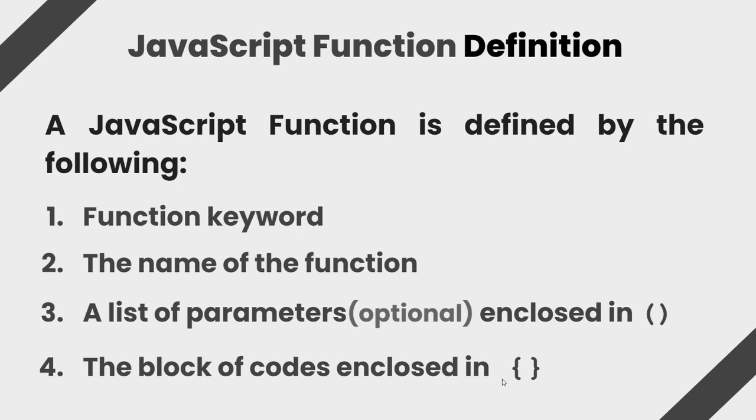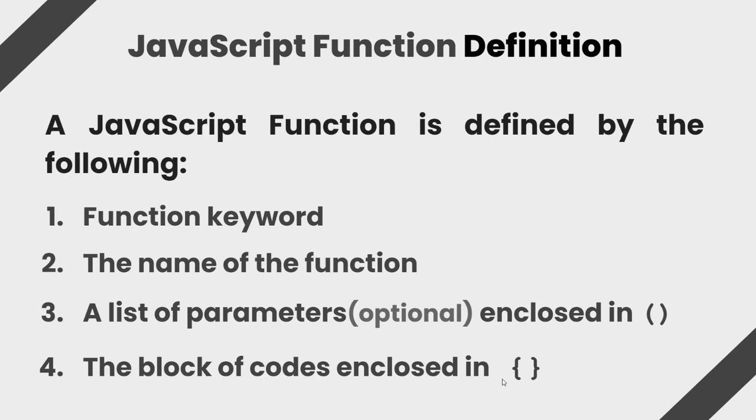The first item here is the function keyword itself. We know what a keyword is. A keyword is a reserved word in JavaScript which serves a specific purpose in the entire program. These keywords cannot be used as identifiers, variable names, object names, or any kind of identifier. So you can see that here we have the function keyword, which plays an important role in defining a JavaScript function.